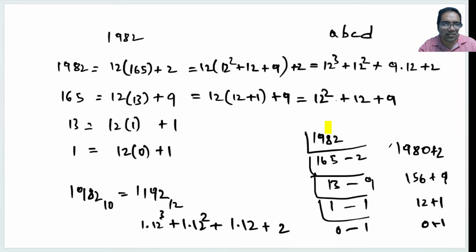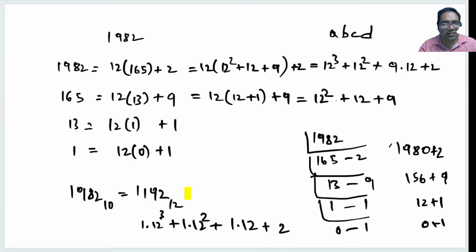1982, if it is in base 10 notation and you convert to base 12, it will be 1192. So clearly 1192 looks smaller than the base 10 number. 1192 in base 12 is 1 times 12 cube plus 1 times 12 square plus 9 times 12 plus 2, whereas 1192 in base 10 is 1 times 10 cube plus 1 times 10 square plus 9 times 10 plus 2. Obviously, the base 12 number, when we convert to base 10, is 1982 because we started with 1982.